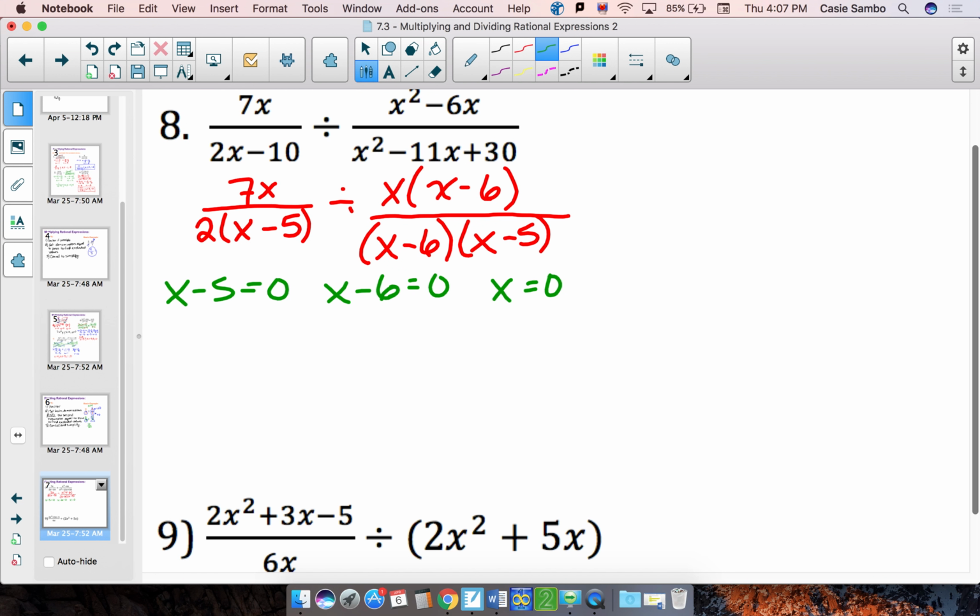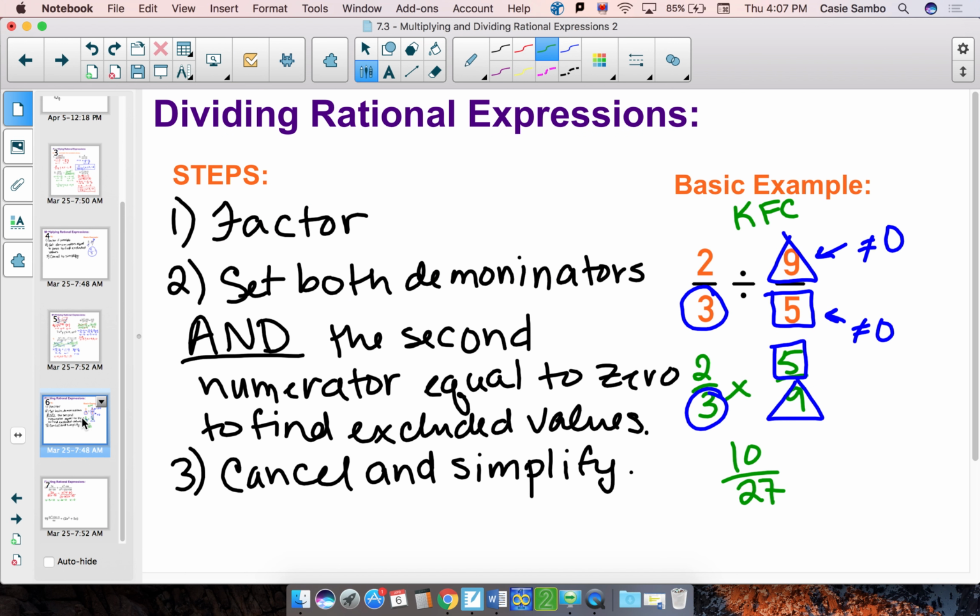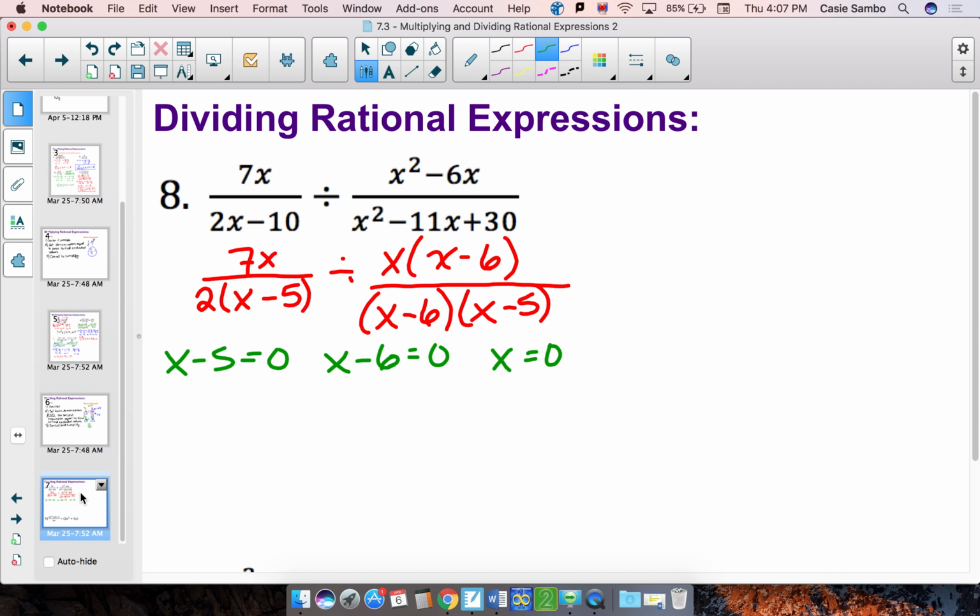I don't have to set that 7x equal to 0, because if I look back at my previous one, that first numerator never becomes a denominator. It's always going to be a numerator. So it's never going to cause me an issue with an undefined expression. So I can leave 7x alone. That's not an issue. Go ahead and solve.